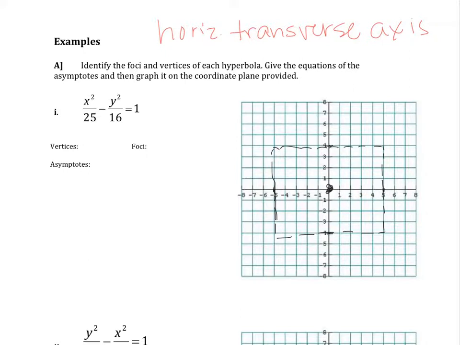As I mentioned, the transverse axis being horizontal means that the vertices are directly on the horizontal axis. Since we're at the center, the vertices are exactly where my rectangle is in line with the center. And we have asymptotes in a hyperbola, and the asymptotes are dictated by the diagonals of the rectangle that we drew.